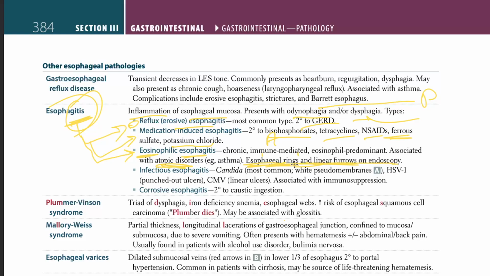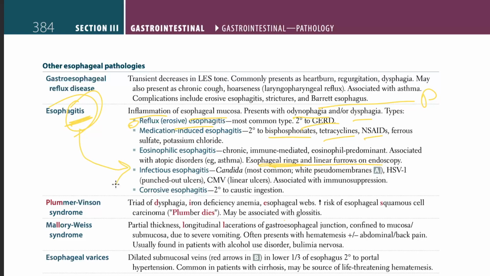So whenever you see rings and linear furrows on the endoscopy. But also they have mentioned that you have some eosinophils. They did a biopsy that showed some eosinophils. Or they just tell you, hey, there's an atopic disorder. The guy has asthma. That's the eosinophilic esophagitis. But esophageal rings and linear furrows on endoscopy.